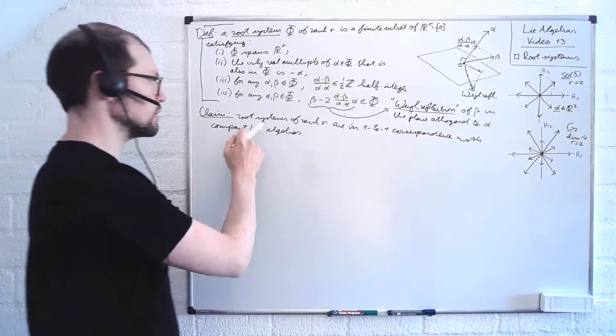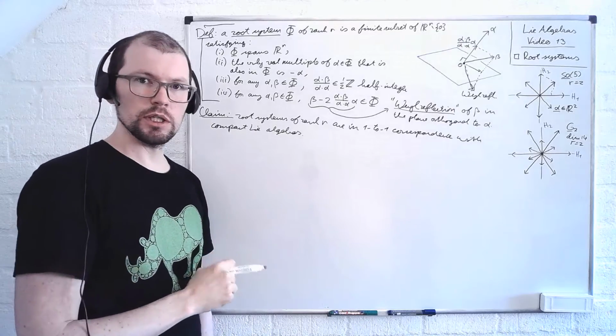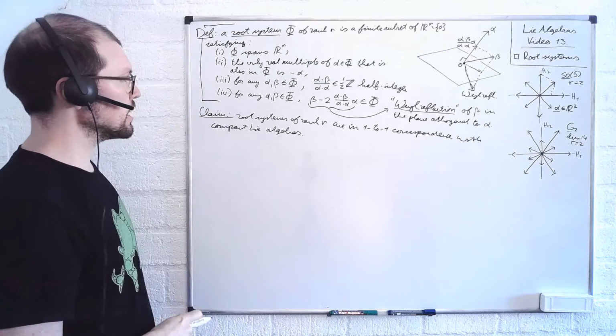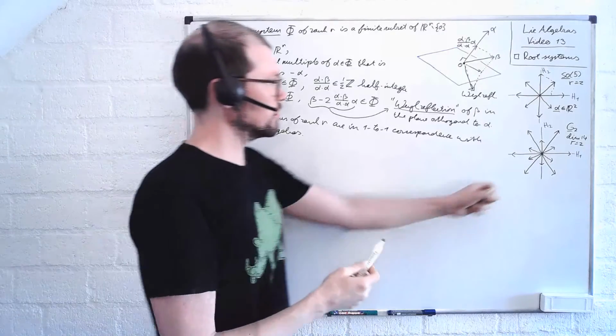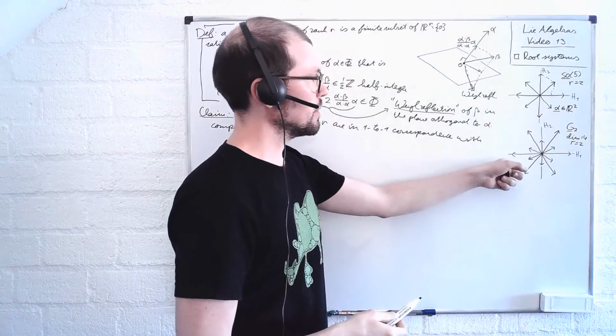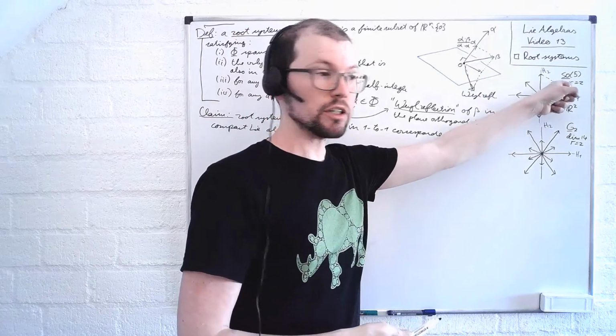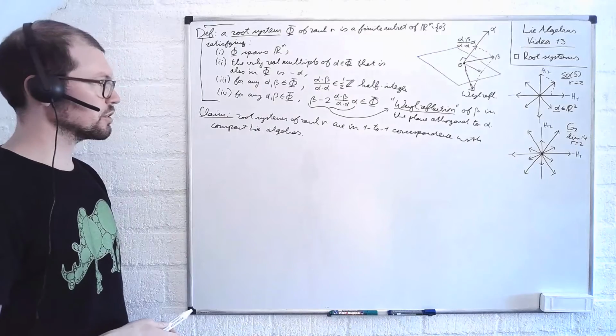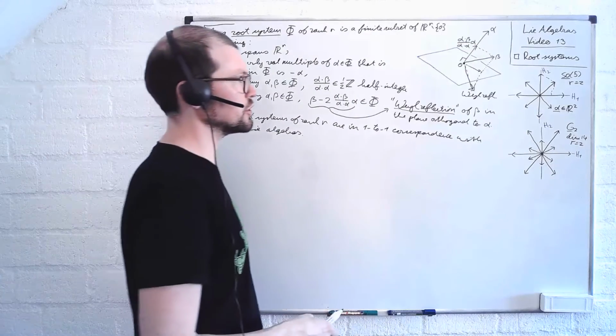So this is one part of the statement I announced in the previous video, namely that if I know the roots of an algebra, then I can actually reconstruct the full Lie algebra structure. And in the exercises you're going to check this at least partially for SU3.